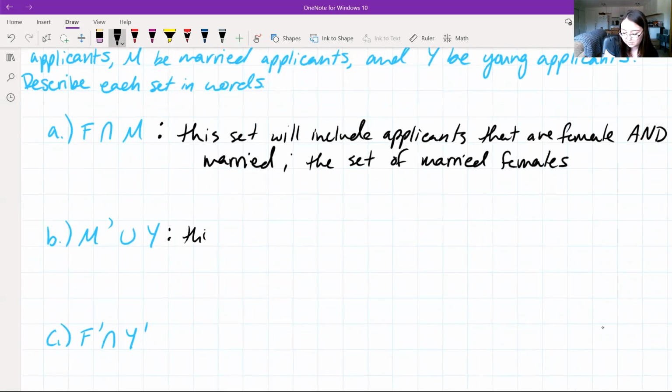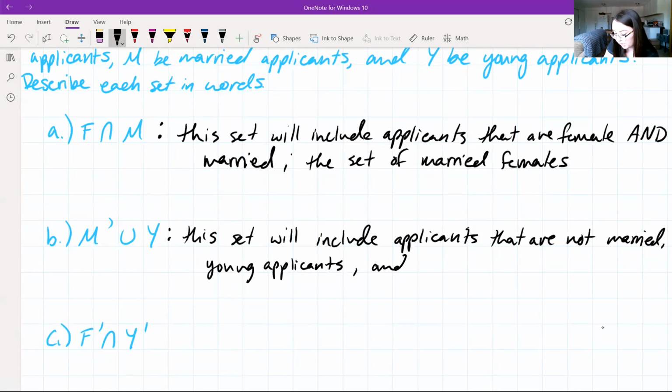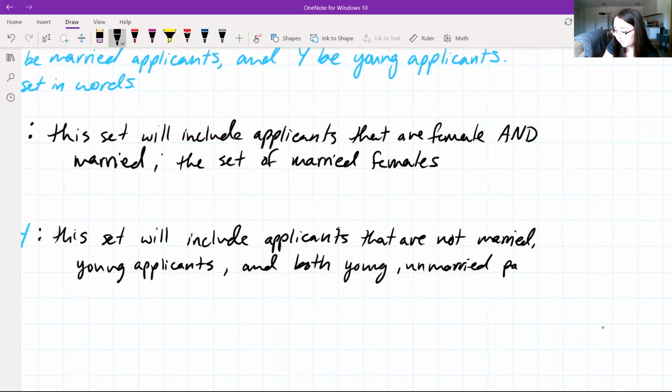So we would say this set will include applicants that are not married, young applicants, and both young, unmarried applicants.